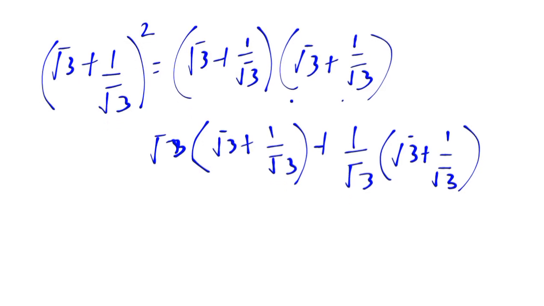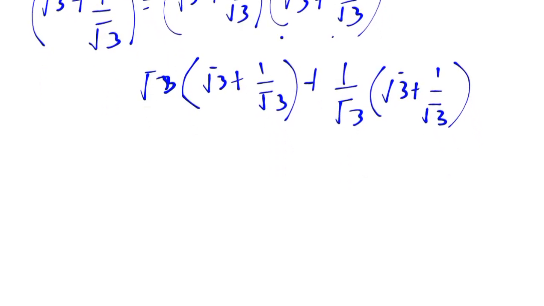If you multiply root 3 and root 3, you get 3. Plus, whenever you use a number to multiply its reciprocal, that is root 3 multiplied by 1 over root 3, it cancels out and you are left with 1.